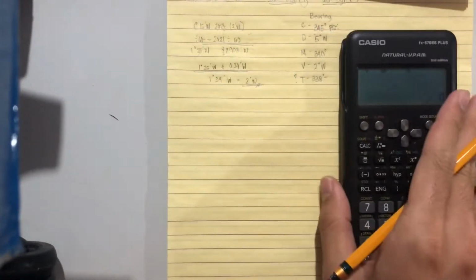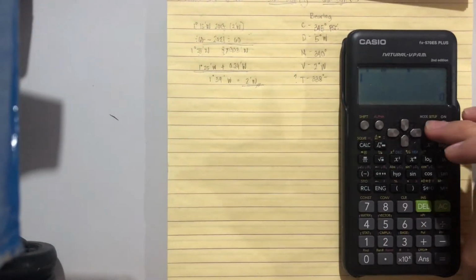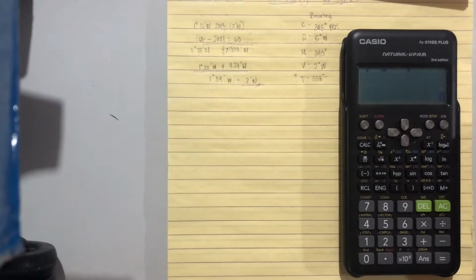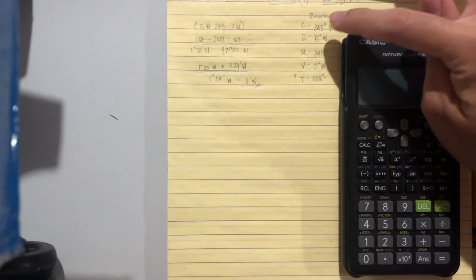In order for us to interpolate it, there's an easy way, but there's also a complicated way, which is much more complex than the easy way. So let's start.